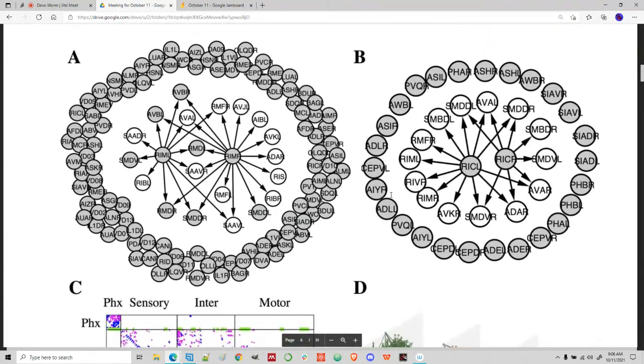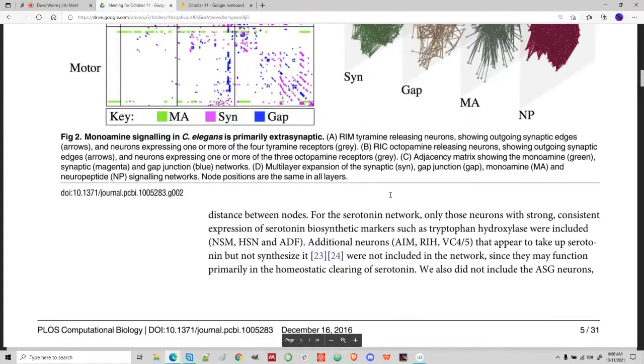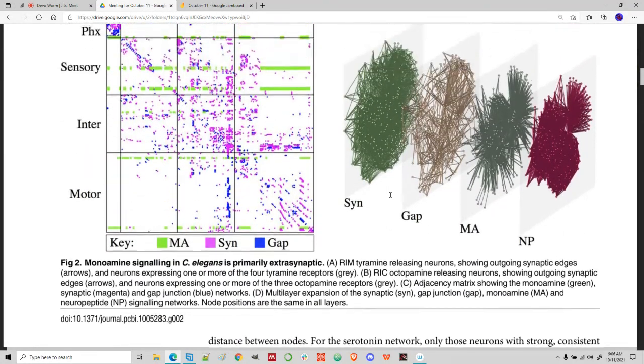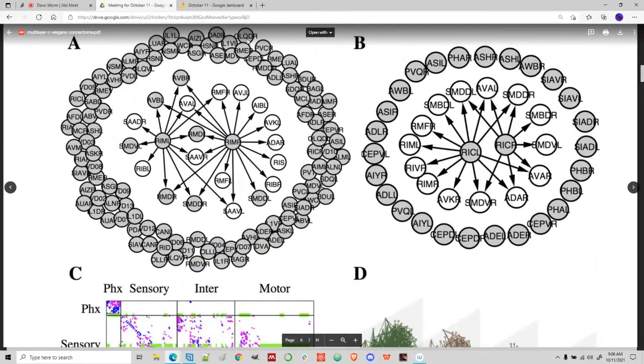So this A is the RIM tyramine releasing neurons in A. You can see that there's this core of neurons where there's a release from these two neurons that are affecting these cells.